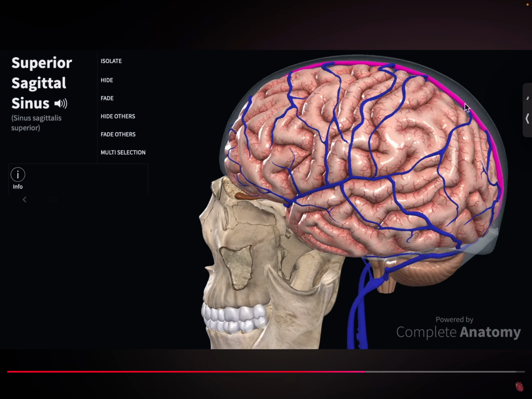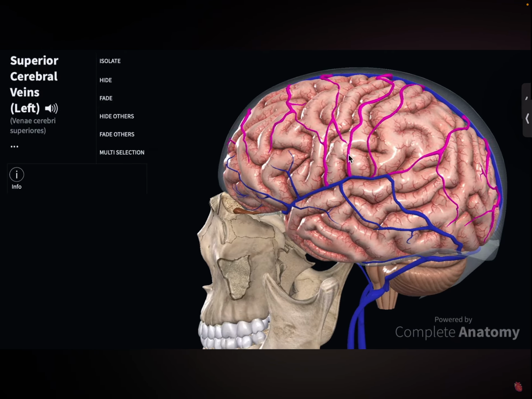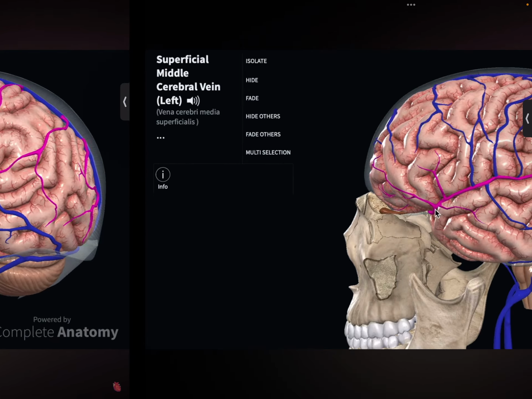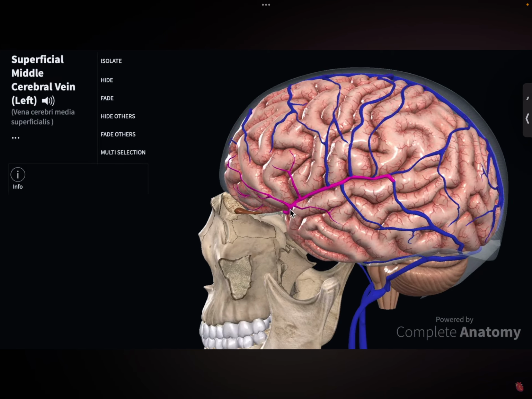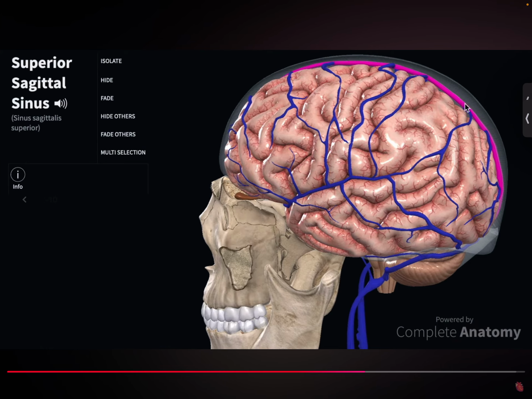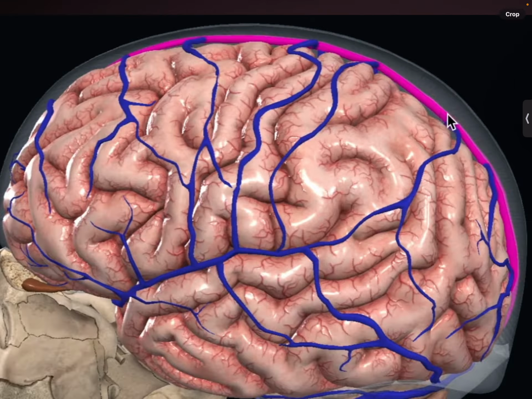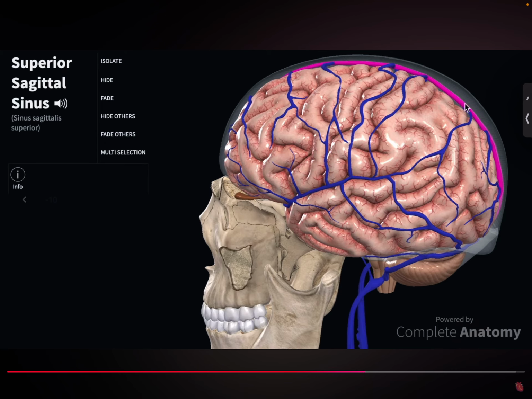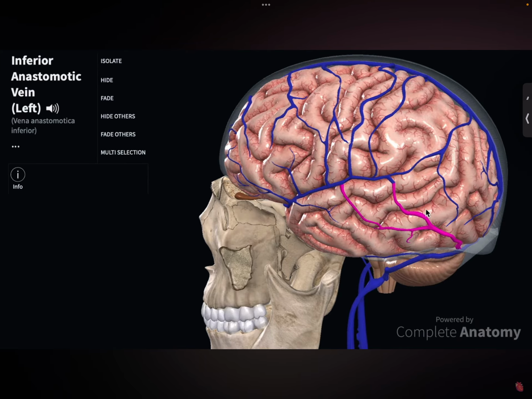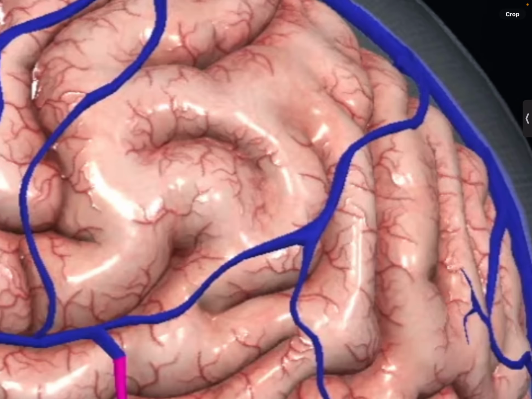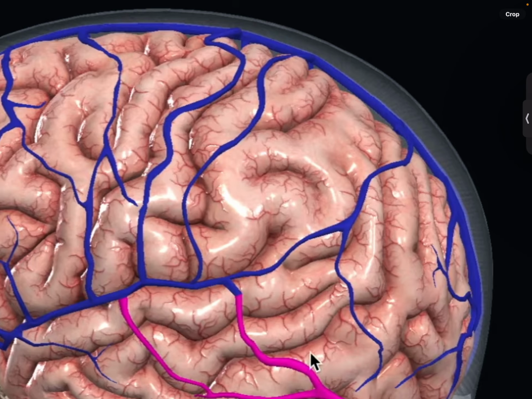There you can see this is the superior sagittal sinus. Whereas the superficial middle cerebral vein also drains into the superior sagittal sinus via the superior anastomotic vein.